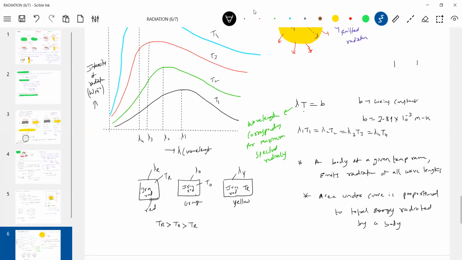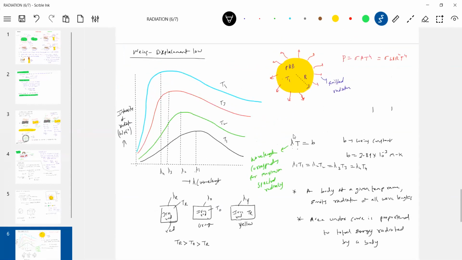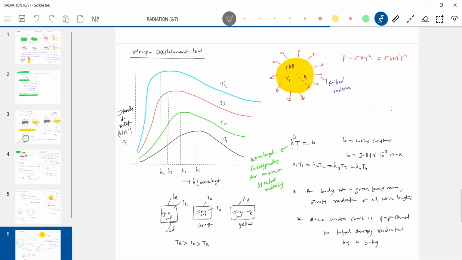So therefore, as I increase the temperature of a body, what will happen to the total power radiated? It will increase. The area under the curve is increasing. Then what will happen to the wavelength at which intensity is maximum? It will take the lower values. I think that's what this particular Wien's displacement law is telling.